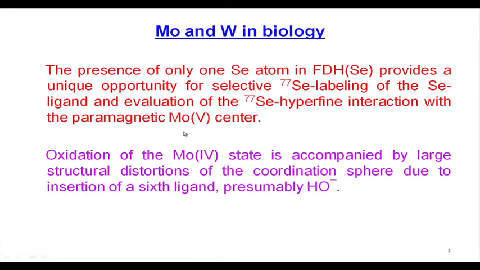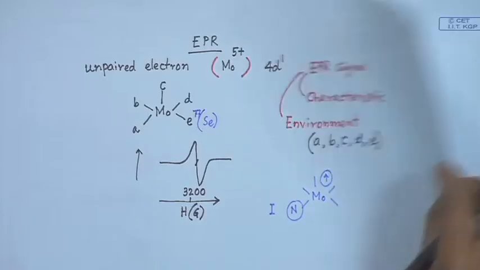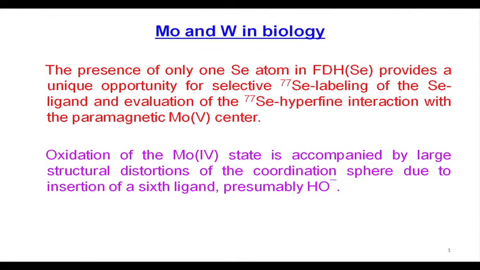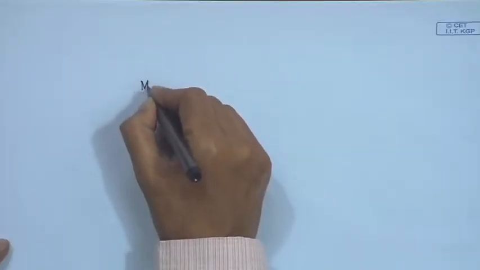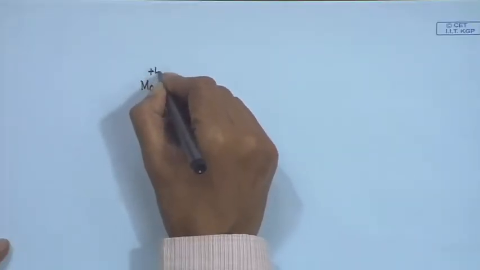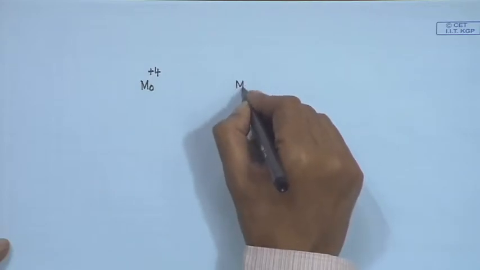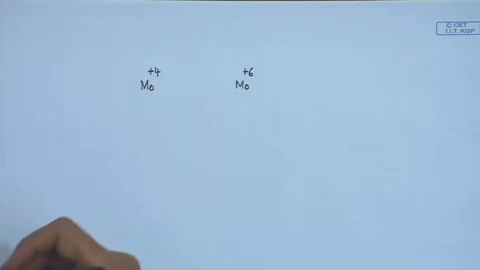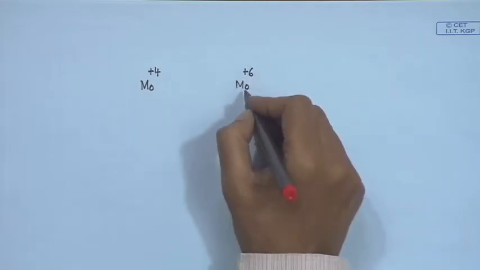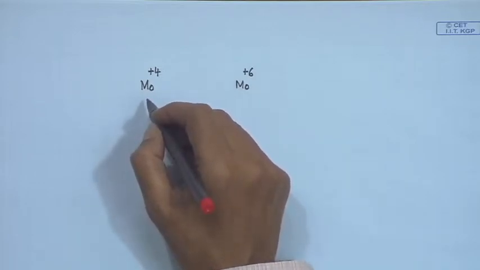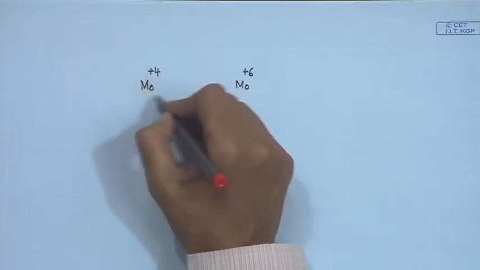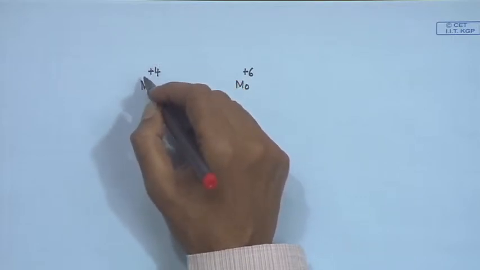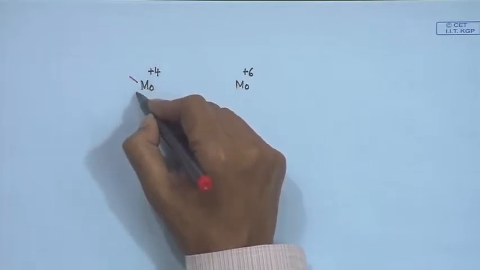So, when we have this smaller donor group, we see that this particular center, so when we have molybdenum +4 and molybdenum +6, in one case we have the oxidation state +6, and in another case the oxidation state is +4. So, the demand for electrons, when it is not highly oxidized, is less.